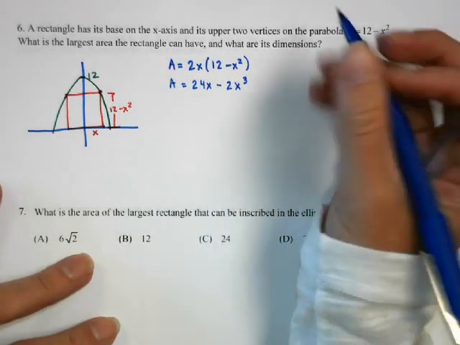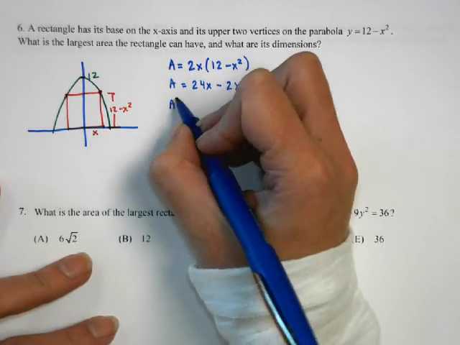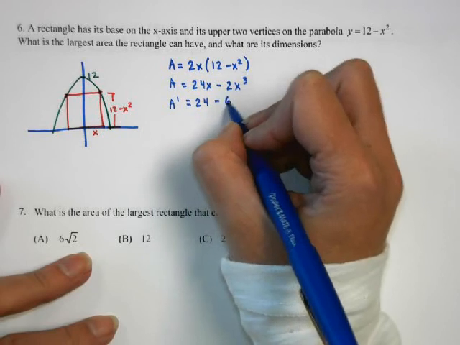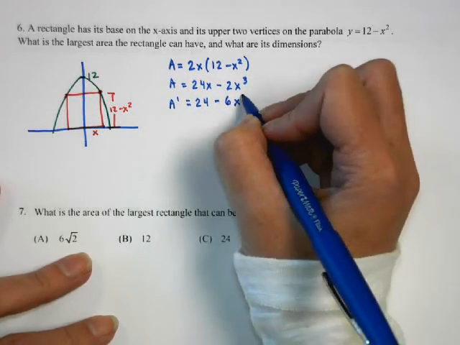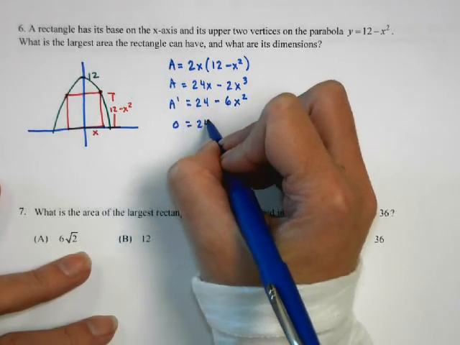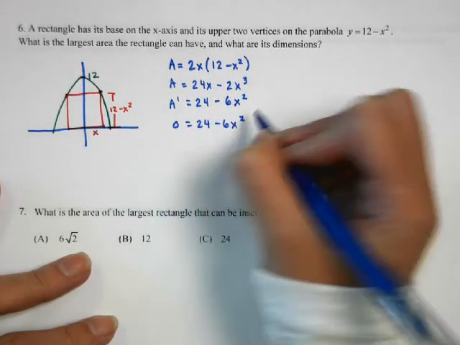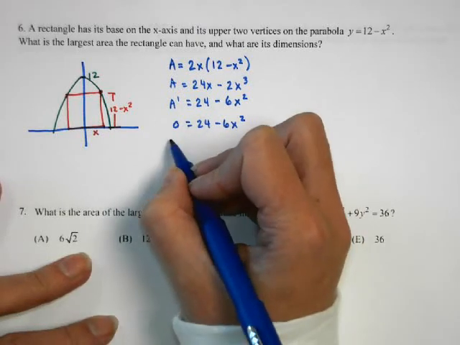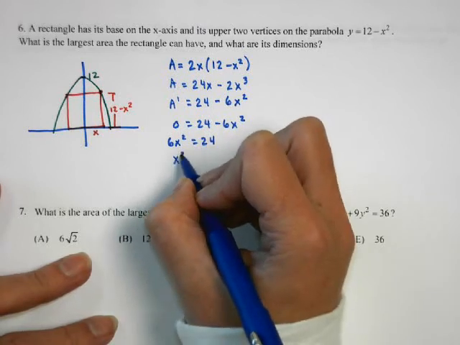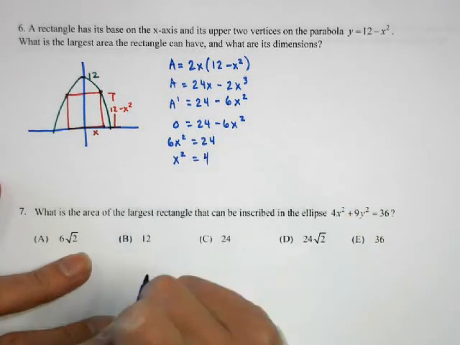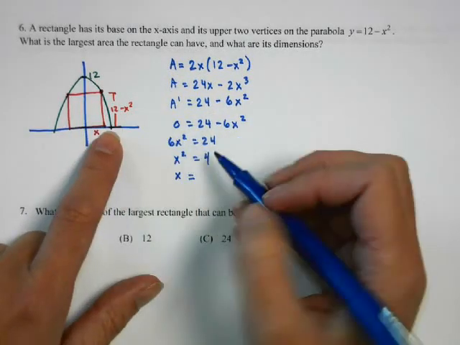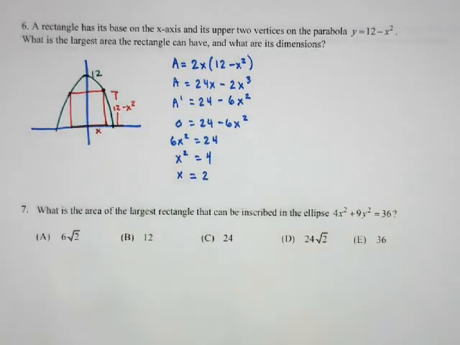We'll take that derivative, set it equal to 0, and solve. So we're going to add 6x squared equals 24. So x squared equals 4, which means x is going to equal positive or negative 2. So we'll just say 2.